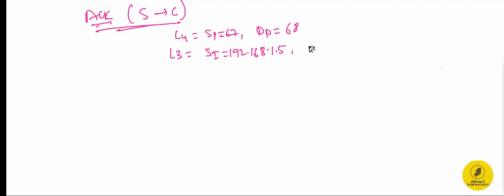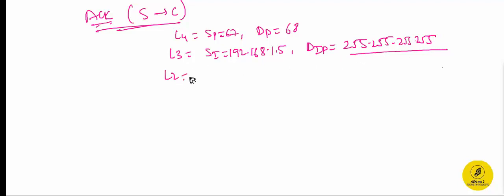And then we have destination IP. The destination IP will still be a broadcast because that is what the client wanted the DHCP server to follow based on the BOOTP flag there, right? On layer 2, we'll have source MAC address. Because this is being sent from the DHCP server to the client, source MAC address will be the MAC address of the server, and destination MAC address will still be broadcast.